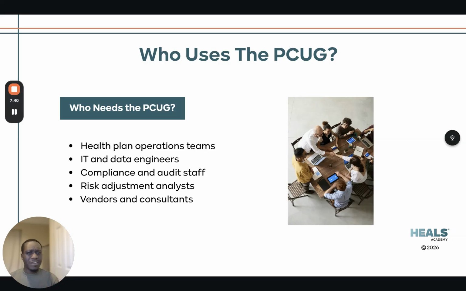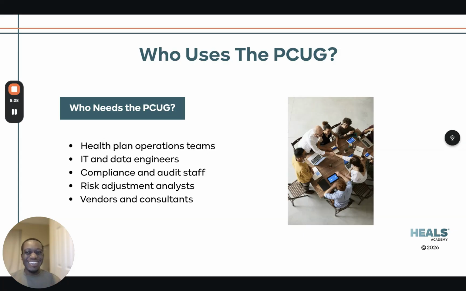Who uses the Plan Communications User Guide? Who needs it? The health plan operations team, the IT and data engineers, compliance and audit staff, risk adjustment analysts, vendors and consultants. All of us need it. It's one of the key resources you want to really know and understand and use, because if you're working in this MA space, it's pretty much like your Bible.